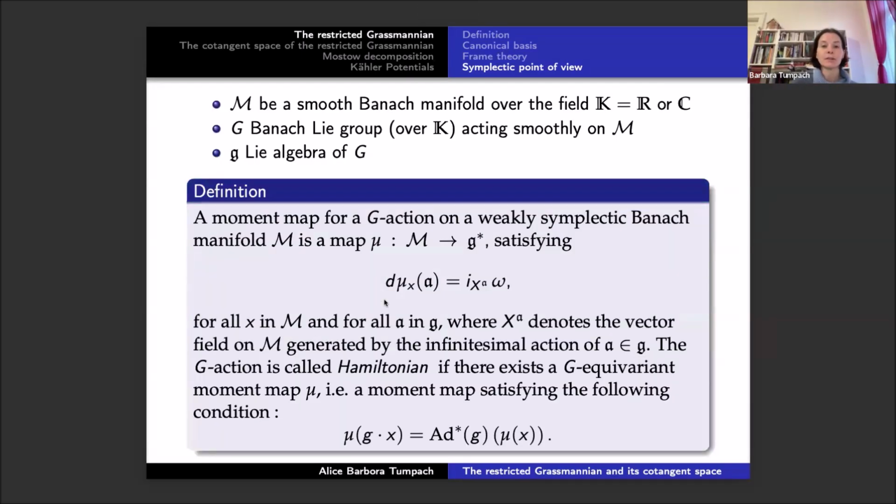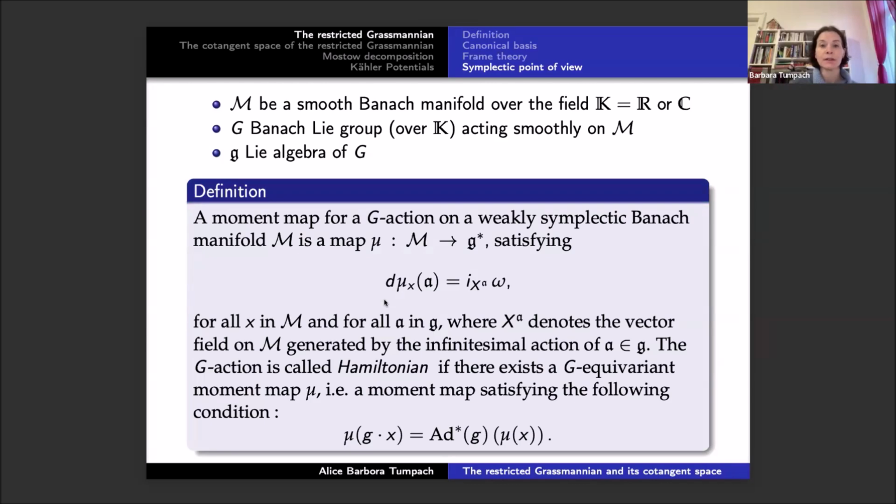Now I need to introduce what a moment map is for an action that preserves a symplectic form. So the context is the following. We have a smooth Banach manifold, M, and a Banach Lie group G acting smoothly on M with Lie algebra g.